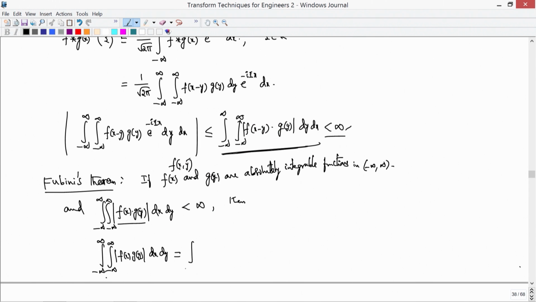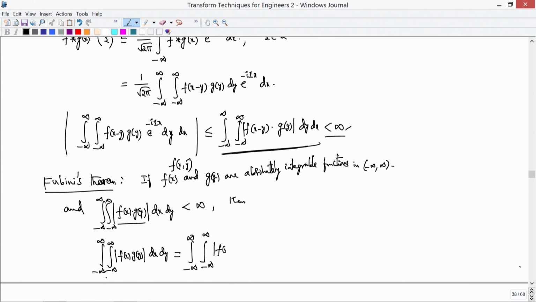Suppose this is finite in general, then the iterated integrals, when they exist, have to be finite and the same as the double integral. Here also that is the case. If this itself is finite, the iterated integrals will exist and they are finite.